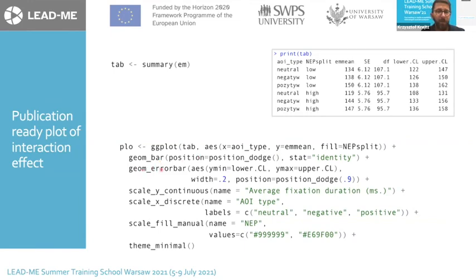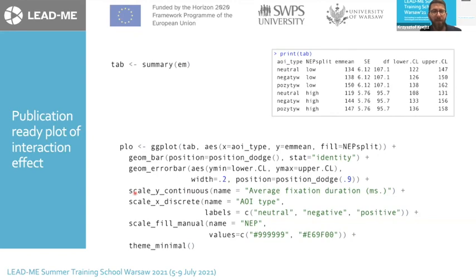And over the bars, I want to print error bars. Error bars for the confidence interval. And I set the minimum as the lower confidence limit, which is here, and the maximum as the upper confidence limit, which is here.